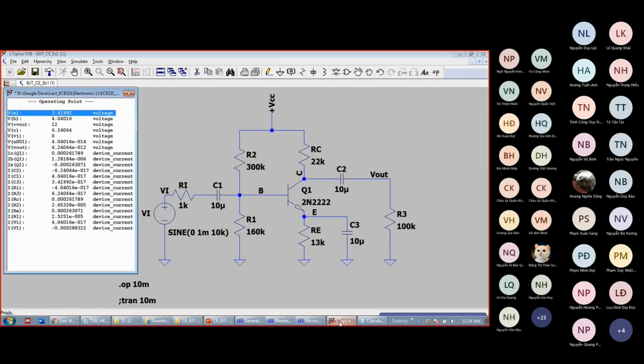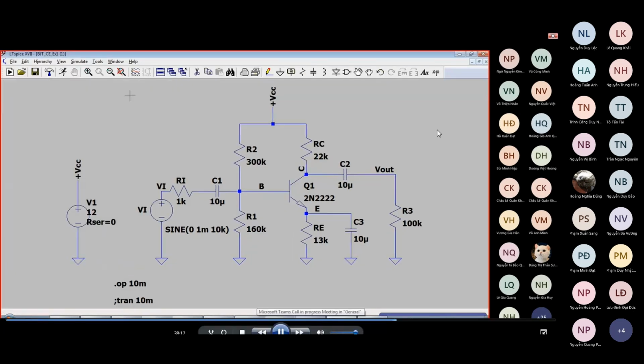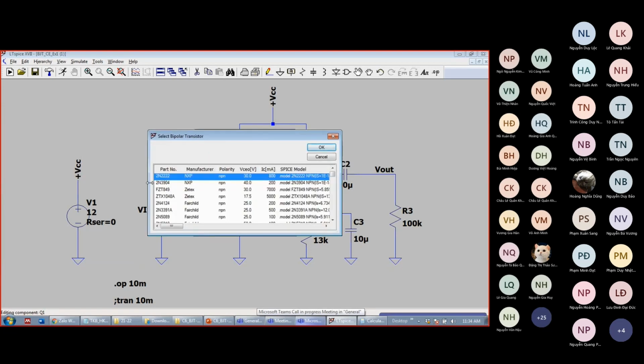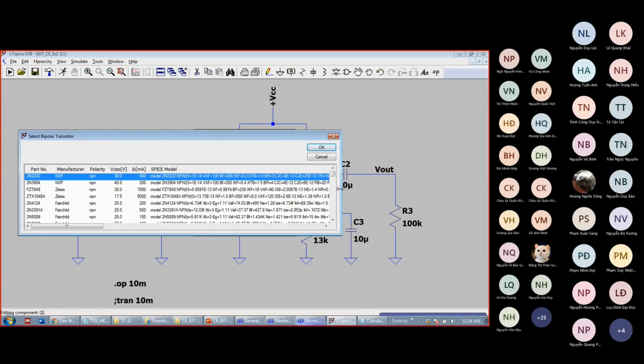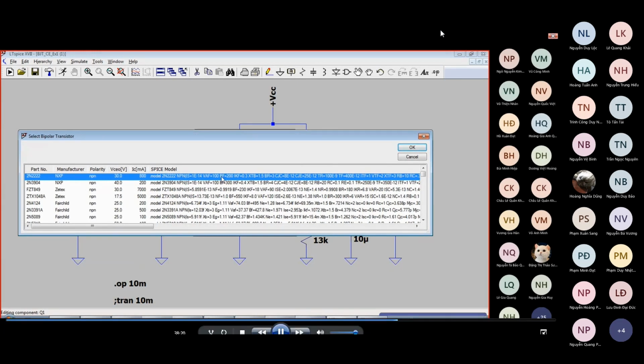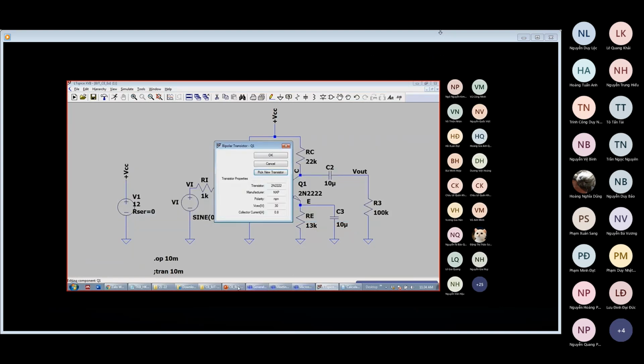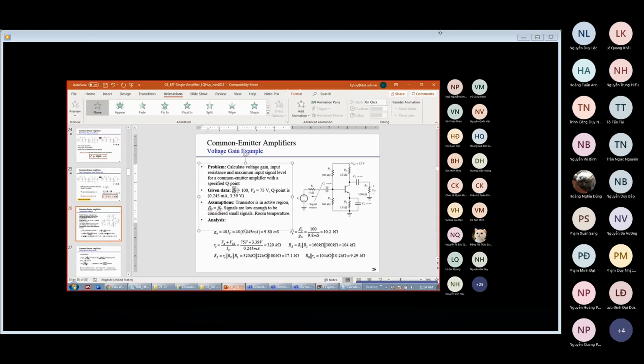Let's check here. Normally that is the parameter of the transistor. For this transistor, the DC current gain beta F is 200, but in this example we take beta F as 100.